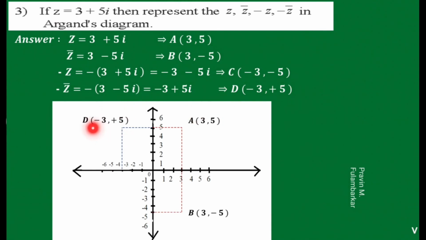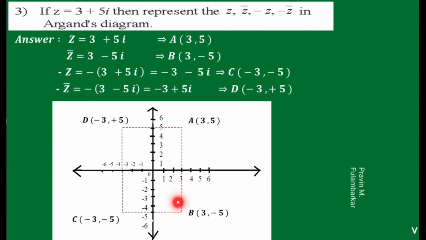Then we next find the coordinates of point C. Coordinates of point C are (-3, -5). So we take minus 3 distance on x-axis and minus 5 distance on y-axis. Similarly we plot point D, and coordinates of point D are (-3, 5).